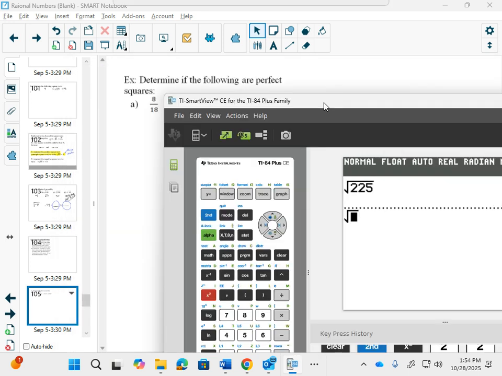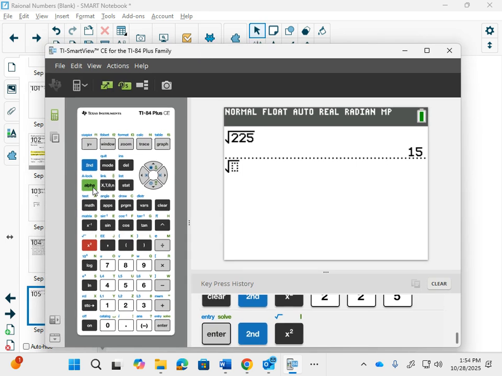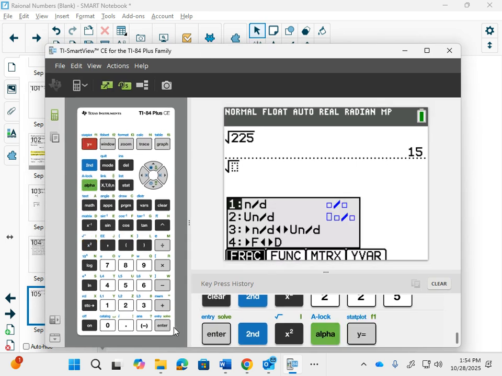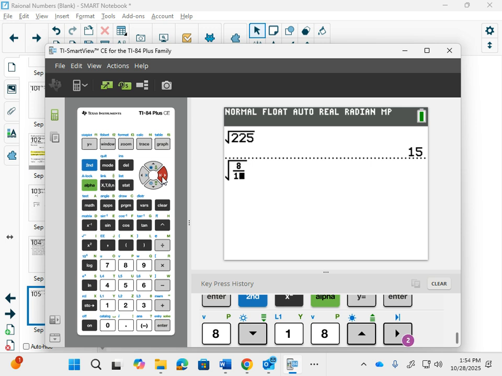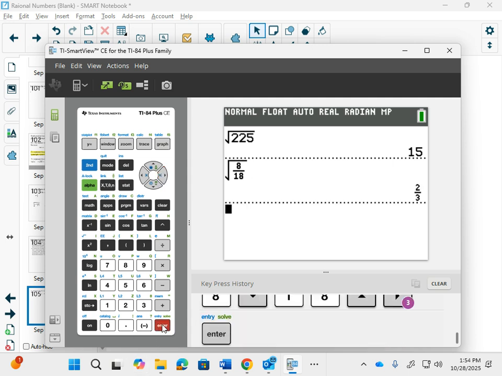The first one was 8 over 18. Is this going to work out to a nice number? Then it's a perfect square. If it is not, then we have trouble. I push enter. It does work out perfectly to 2 over 3.